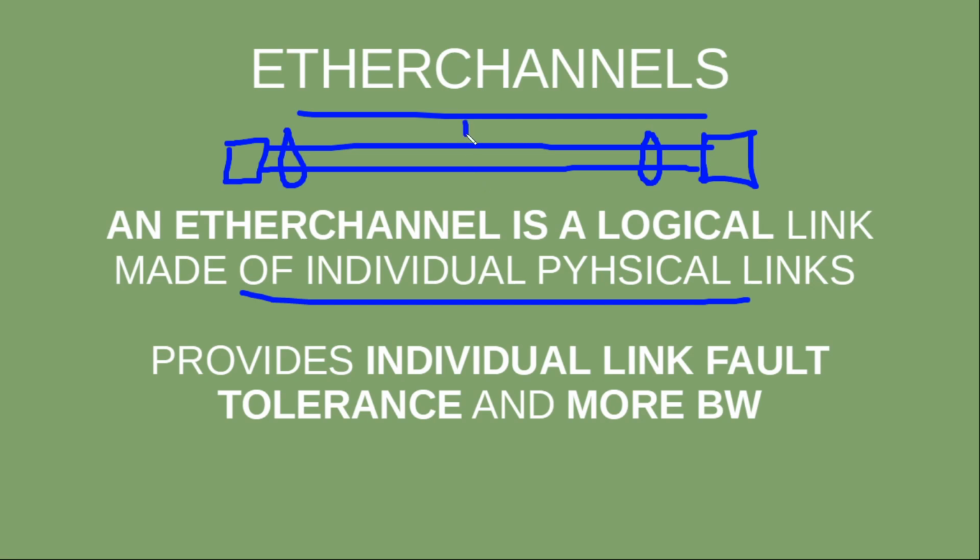For instance, if this was a 1 gigabit per second interface and this was a 1 gigabit per second interface, you will end up with a virtual link of a total of 2 gigabit per second bandwidth. And the EtherChannel provides a certain level of resiliency, because if one interface goes down, you will still have communication between these two devices almost seamlessly. That is the other great advantage of EtherChannels.